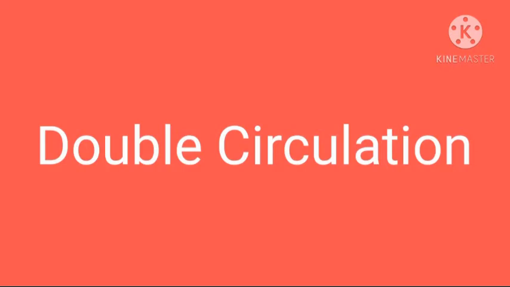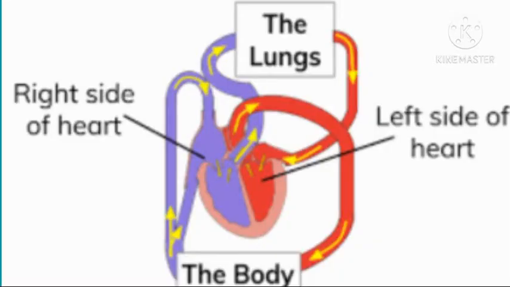Now how is it? At first, the blood flows from the right side of the heart to the lungs and then returns to the left side of the heart. That is called the pulmonary circulation. This is the first time. Then the second time, the blood flows from the left side of the heart to all body parts.